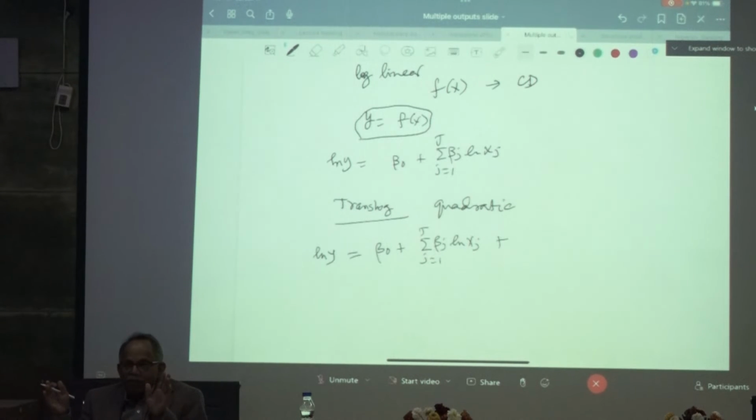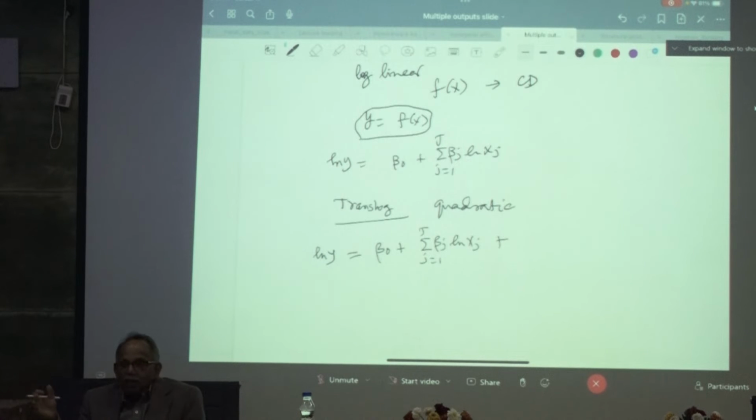I mean, you know the equation of a quadratic function, right? So what do you need for quadratic? You need a polynomial of degree 2, a polynomial of order 2. So what are those other terms? That means you have to think in terms of the terms for which the sum of the exponents is equal to 2. So what is the first one? That means you take the square of the first one, so log of x1 squared, and then log of x2 squared, and then the product of x1 and x2, log of x1 times log of x2, right?